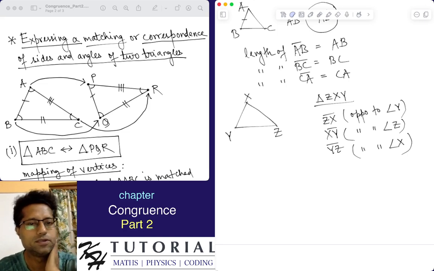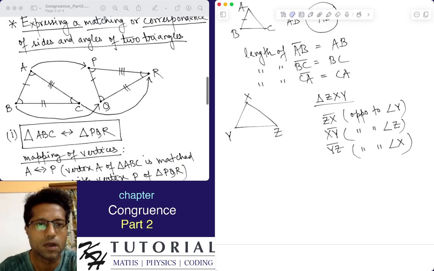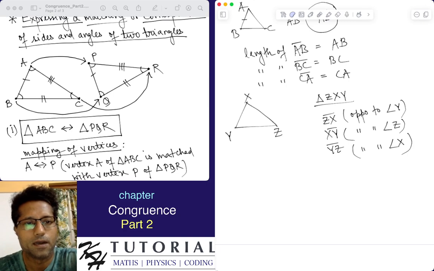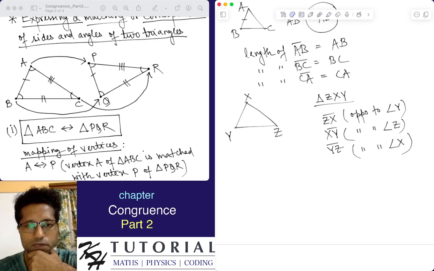In this figure you can see there are two triangles, ABC and PQR. When I say I create a matching or correspondence of these two triangles, I mean I have to specify to which vertex in triangle PQR I will match the vertex A of triangle ABC.